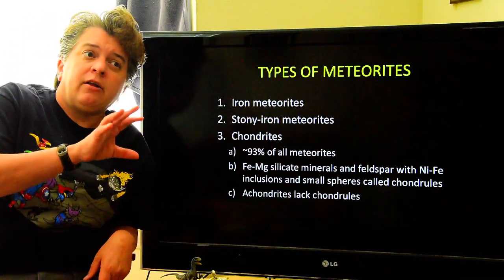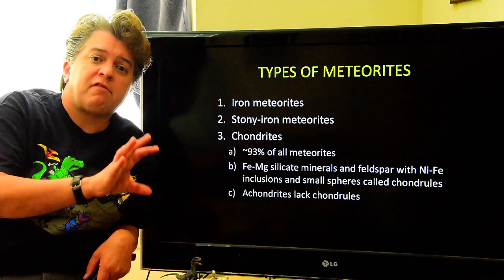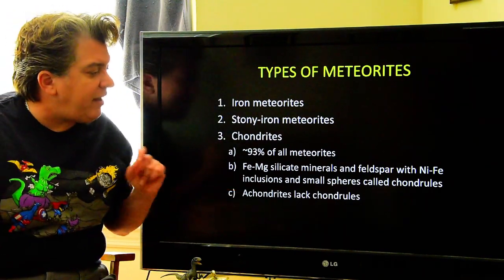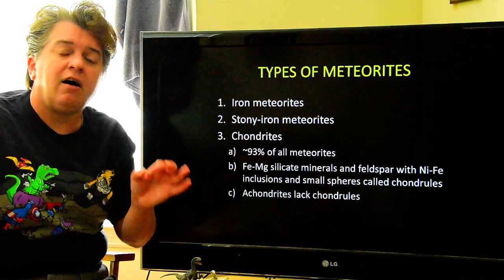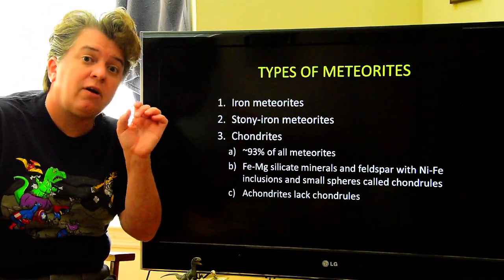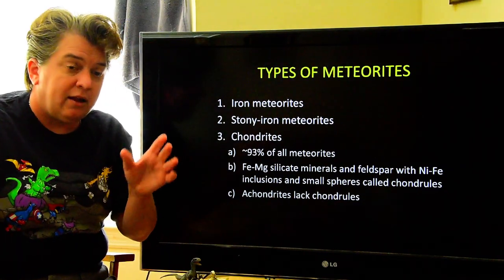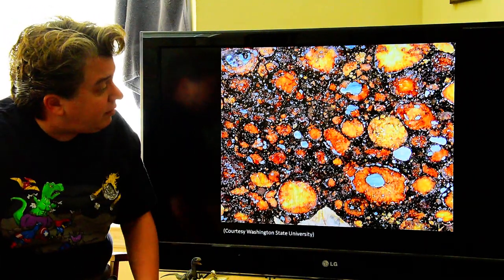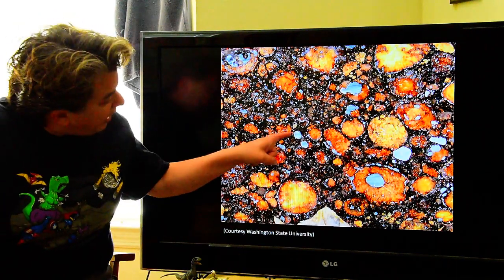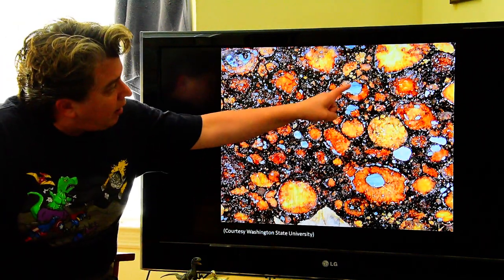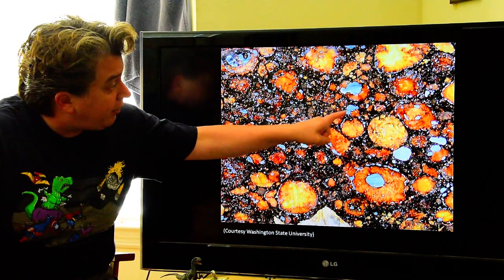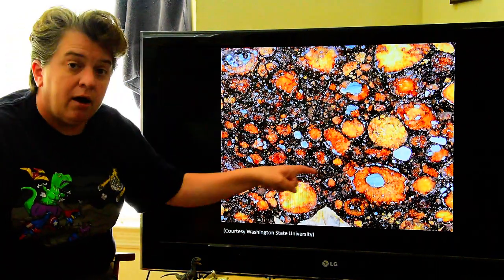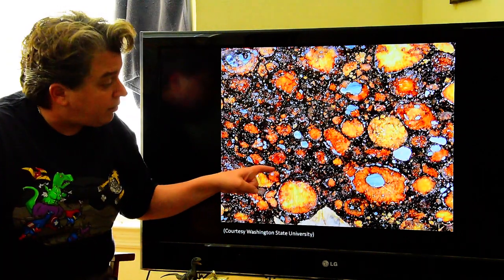Now, I do want to point out that there is a special type of meteorite called an achondrite that does not have these little spherical chondrules in it. So this one is a chondrite where we have these nice little blobs of iron-nickel alloy surrounded by your silicate minerals.